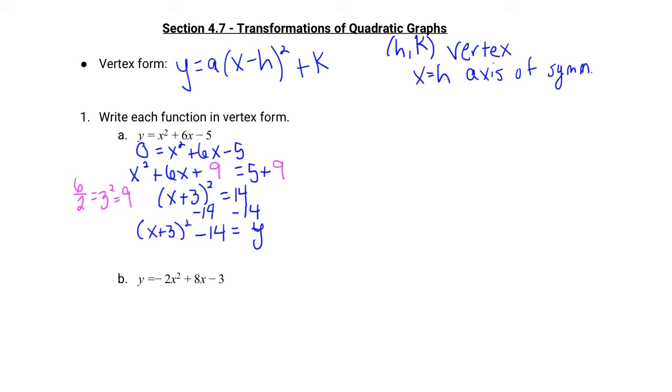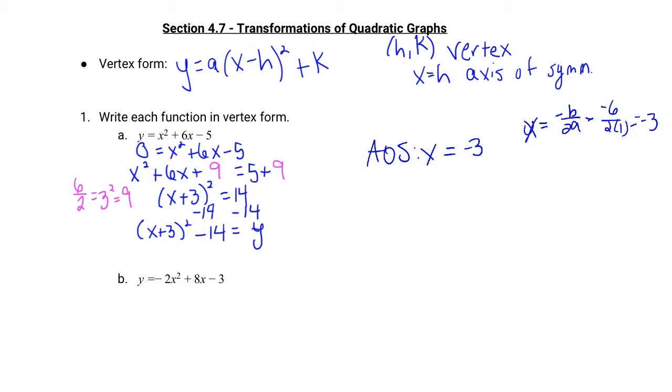So our axis of symmetry is going to be x equals negative 3. And if you look back at the original equation, we'd usually find the axis of symmetry by x equals negative b over 2a. That would be negative 6 over 2 times 1, which is indeed negative 3.